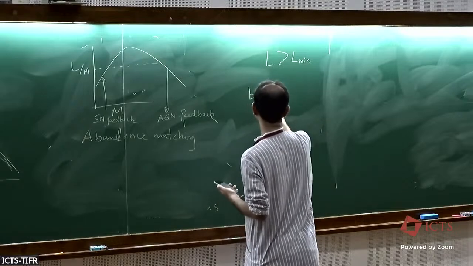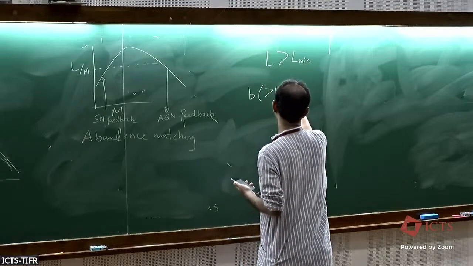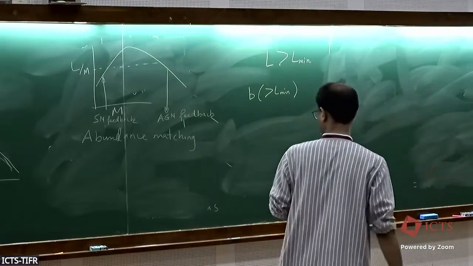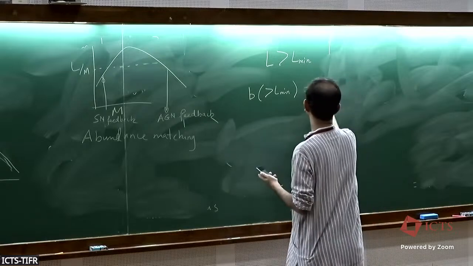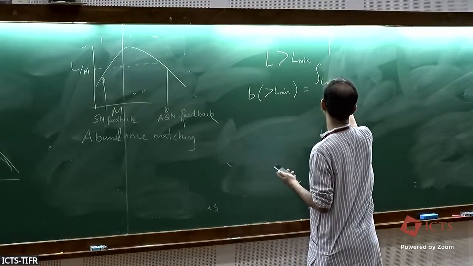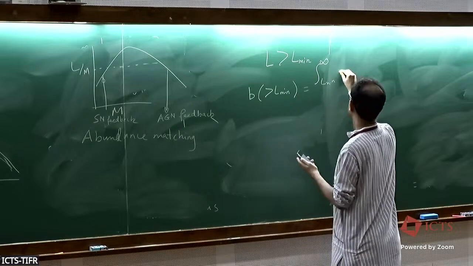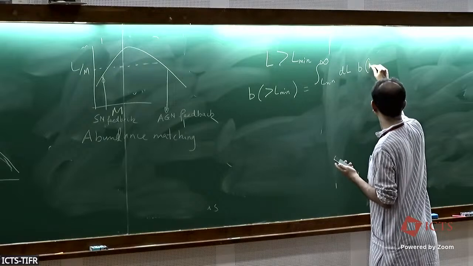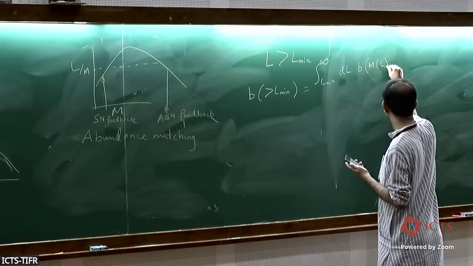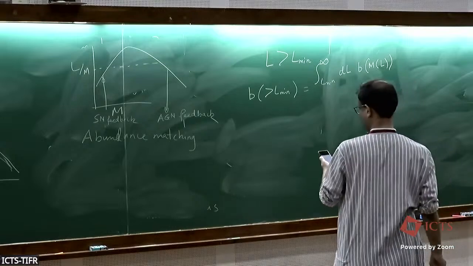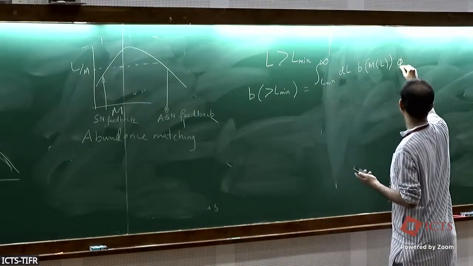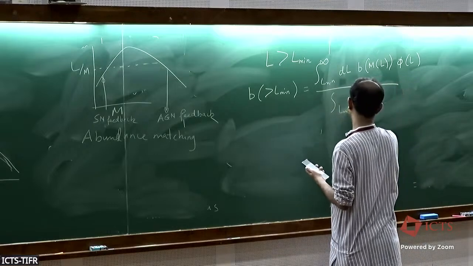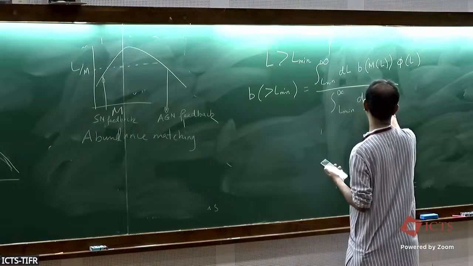What would be interesting to find is what is b greater than L-min, and this is all happening at some fixed redshift. And that will be given by the integral from L-min to infinity of dL, bias of halo of mass M, which is giving you this luminosity, times phi of L, and then you normalize by the integral from L-min to infinity of dL phi of L.